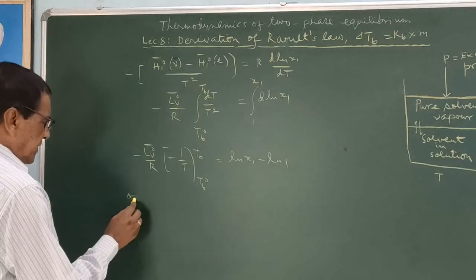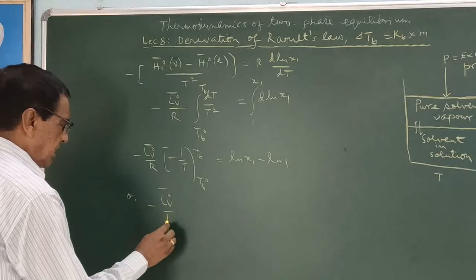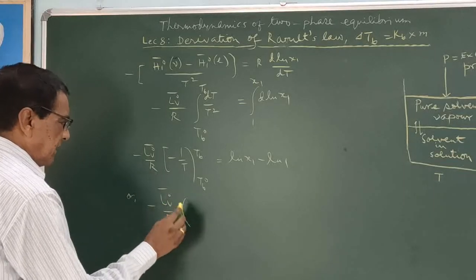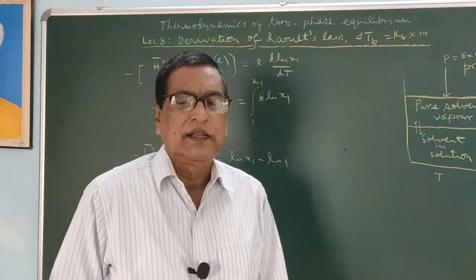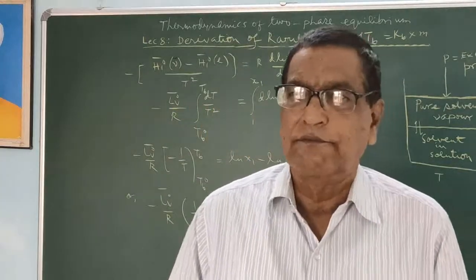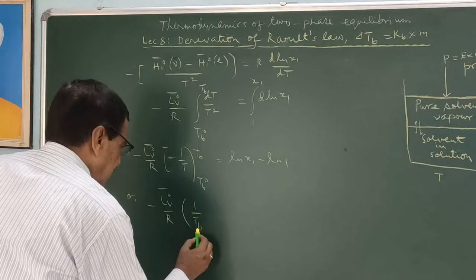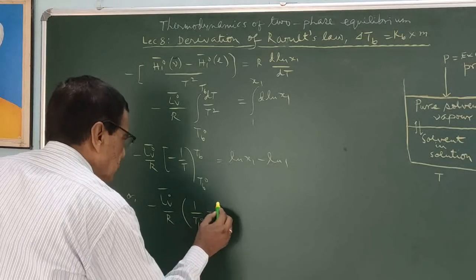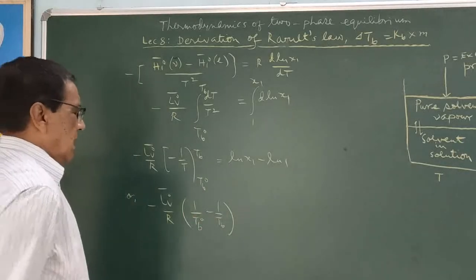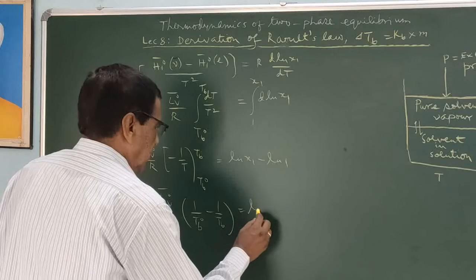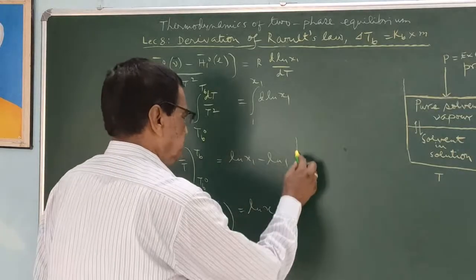Or you can write minus LV naught bar divided by R, and here 1 by, if we eliminate this minus sign, then TB naught will come first, then it will be 1 by TB naught minus 1 by TB, and this is equal to ln x1, and ln 1 equals 0.